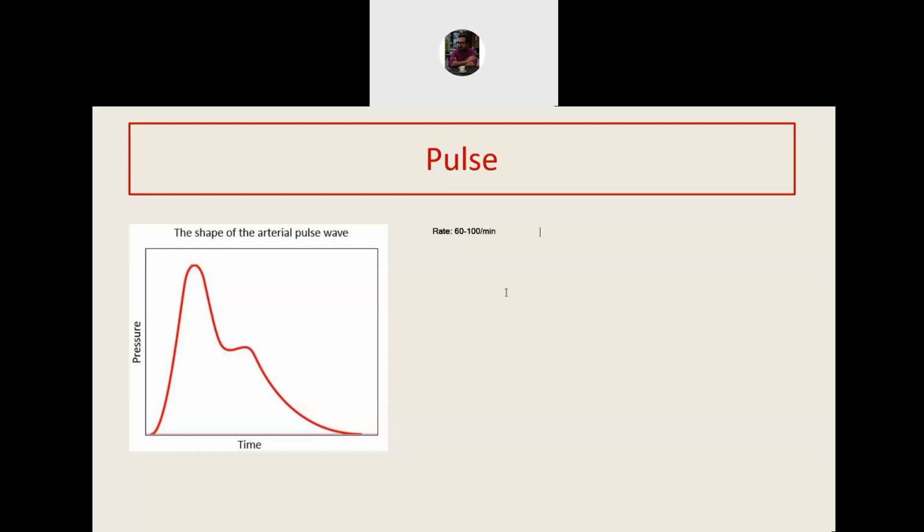Bradycardia can happen due to many reasons. The causes of bradycardia can be sinus bradycardia, where the SA node is generating impulse at a weaker rate. It can be caused by beta blockers like propranolol.